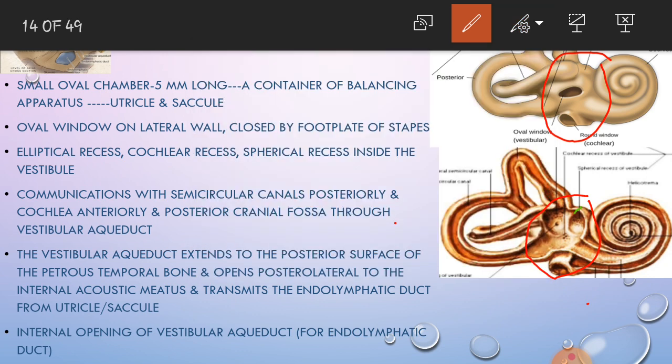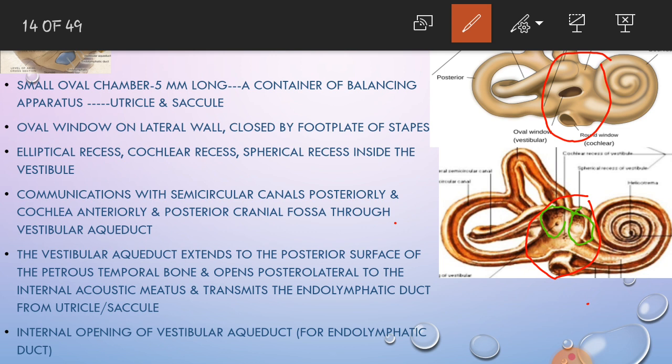Now, this is the spherical recess. It contains the saccule, right? And it has foramina for branches of the vestibular nerve. Then the second recess is this elliptical recess. It also contains foramina for branches of the vestibular nerve, and there's a larger opening you can see in the center of this.